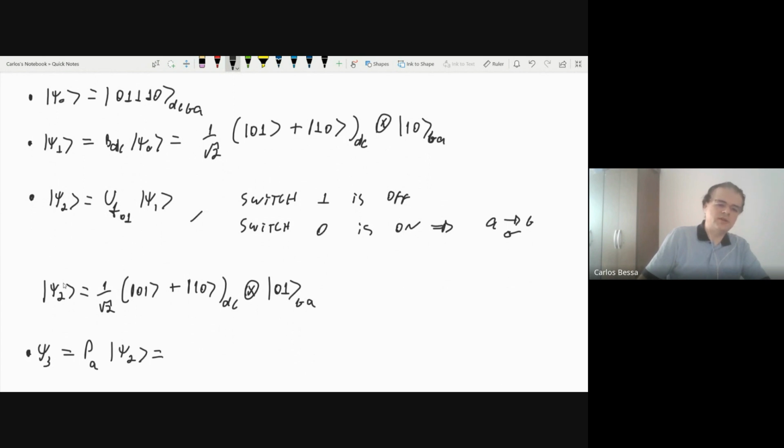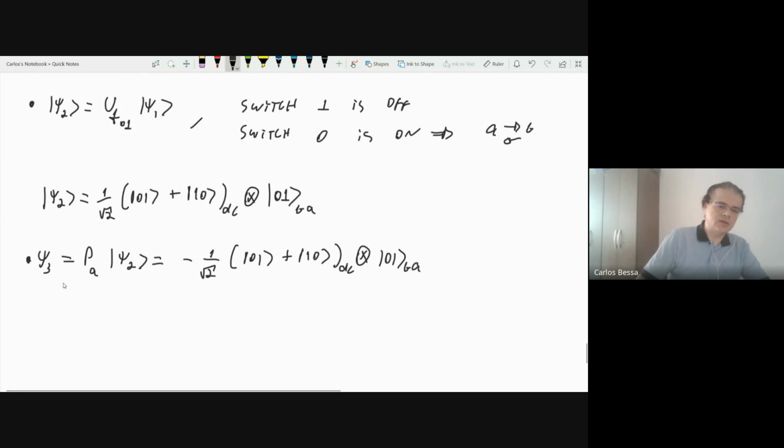Now the phase is applied to the one photon, and just changes the sign. So this is minus 1 over square root of 2, 0, 1 plus 1, 0, DC times 0, 1, BA.